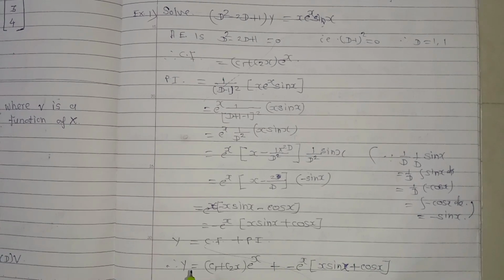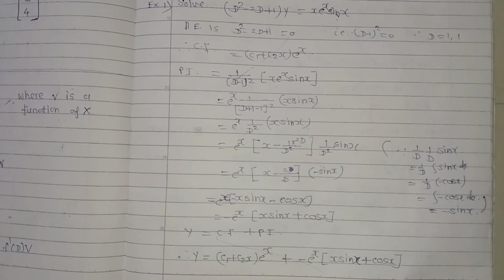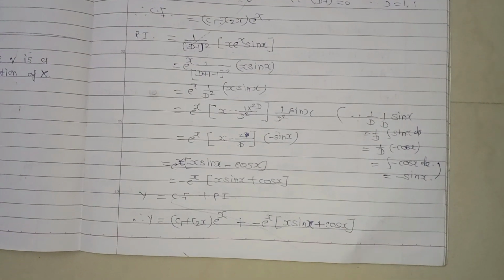But y equal to CF plus PI is the complete solution of the given equation. So we get the solution of this equation as y equal to in bracket c1 plus c2 x bracket complete into e raised to x minus this PI, that is minus e raised to x into bracket x sin x plus cos x bracket complete.